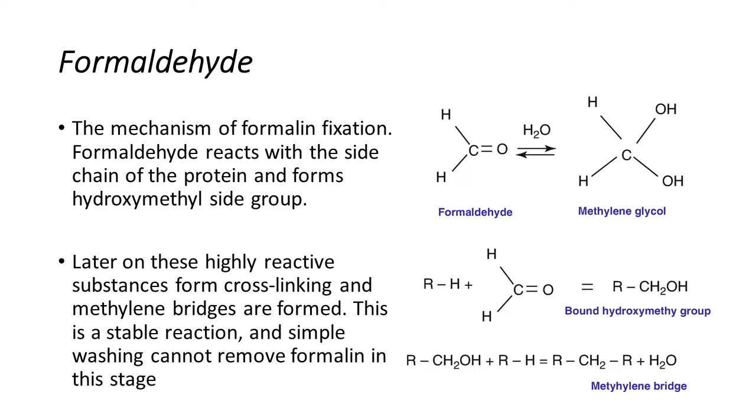This preliminary reaction of the hydroxymethyl side chain is the primary reaction, and the subsequent intermolecular and intramolecular cross-linking of the molecules occurs as a slow-growing process. This ultimately produces an insoluble product.